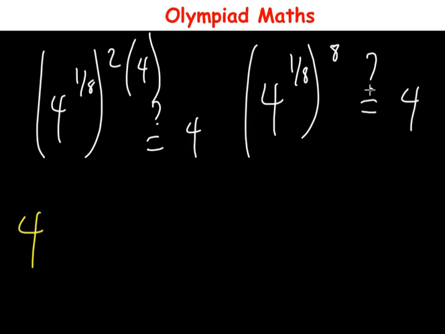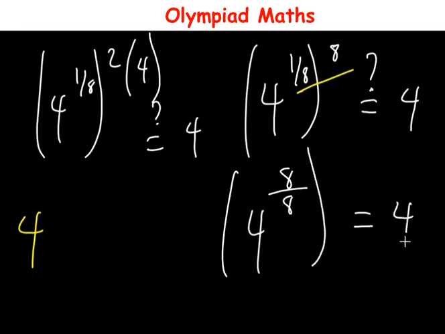Also, 1 over 8 will multiply 8, so we have in brackets 4 raised to power 1 times 8 is 8 over 8. From here, 8 divided by 8, we have 4, which equals 4.